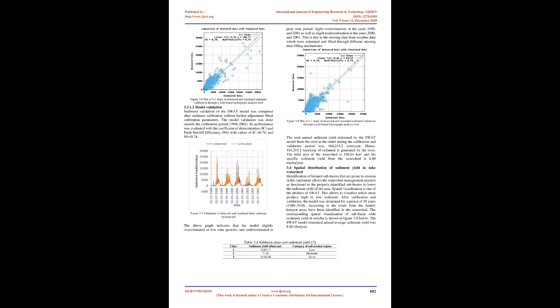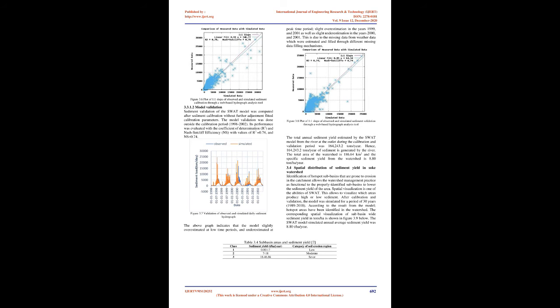3.3.1.2 Model Validation. Sediment validation of the SWAT model was computed after sediment calibration without further adjustment of the fitted calibration parameters. The model validation was done outside the calibration period, 1998 to 2002. Its performance was evaluated with the coefficient of determination, R2, and Nash-Sutcliffe efficiency, NS, with values of R2 equals 0.74, and NS equals 0.74.